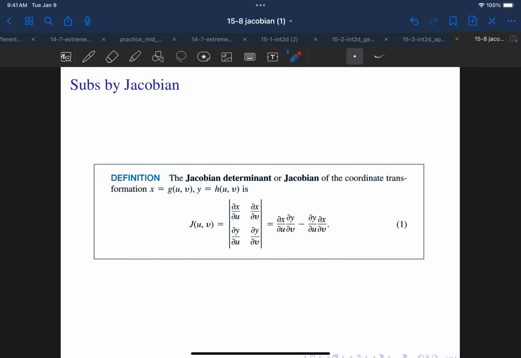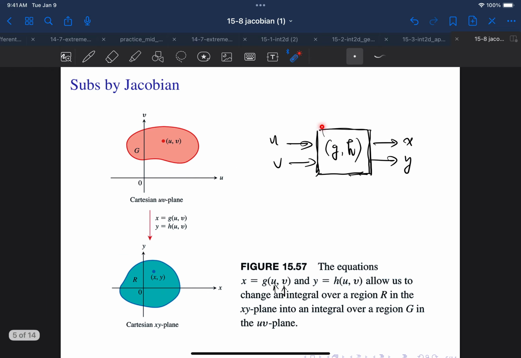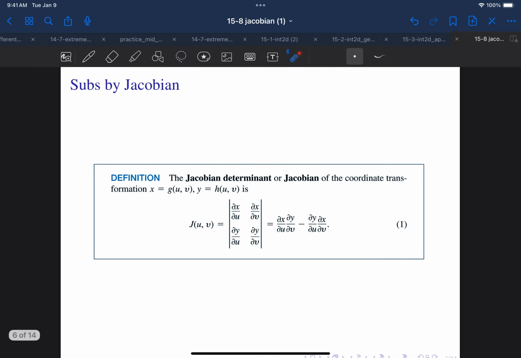To do that, another thing we want to introduce is the Jacobian. So what is the Jacobian? Suppose you are given a machine x equals g(u,v), y equals h(u,v). This is the substitution rule. Then there are two functions, g and h. We can take the partial derivatives of x with respect to u and v, x_u and x_v, and put them in a row, and for y, you take y_u and y_v and put them in a row.